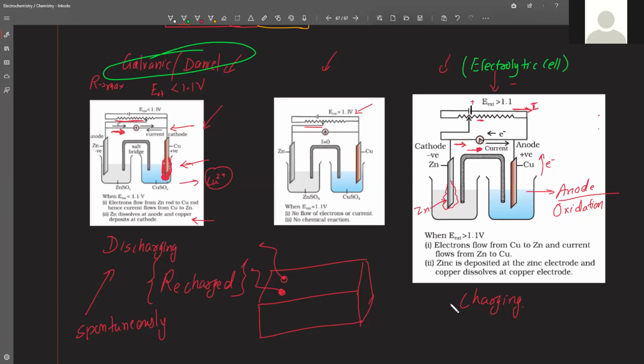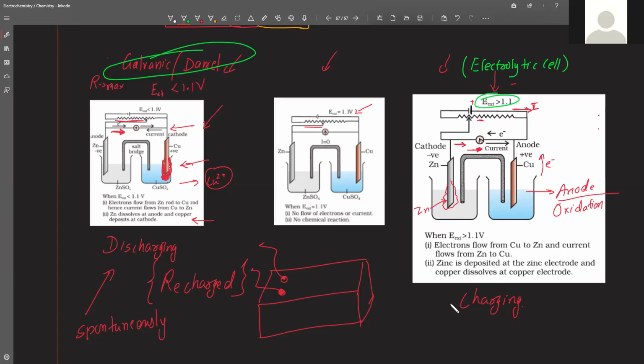Right? The current is actually due to this external EMF, and the current will flow as per that direction. So you can see here the current is flowing in this direction. Now, if current is flowing in this direction, that means electrons are coming here. So if electrons are coming here, then Zn2+ will have to take those electrons, right?